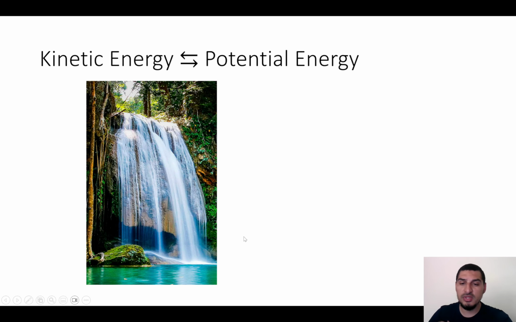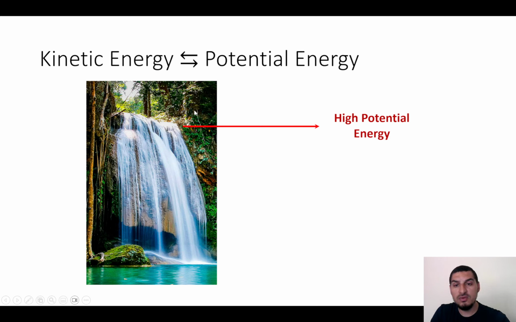The kinetic energy and potential energy, again, we said before that the energy can transform from one form to another, and this is something that we can see in this very famous example of a waterfall. The liquid at the top of the waterfall has very high potential energy, and the velocity is not very high, so it has low kinetic energy.